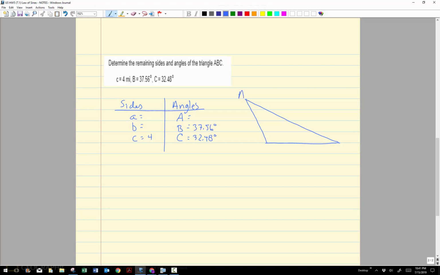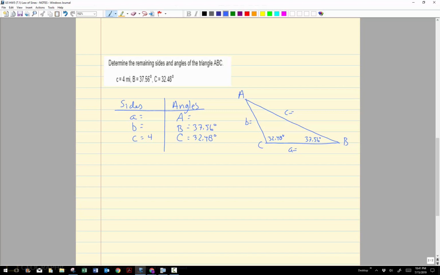So if we go ahead and label A, B, C for my angles, and then I have side a, side b, and side c, I can fill in what I know here. So I know B is 37.56 degrees. I know that C is 32.48 degrees.